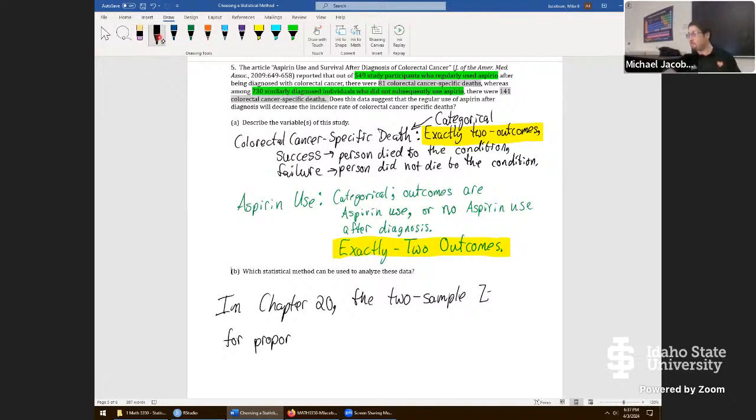So just call them all Z methods. So in chapter 20, the two sample Z methods for proportions can be used. There's an exclamation mark because that's exactly where we're going on the next set of problems after the review, after the exam as well. But any questions at all, folks, with what we've got so far?